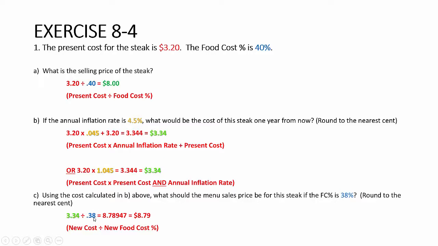We're going to divide that by the food cost percent, which they gave us in the question. So $3.34 divided by 38% gives us a rounded answer of $8.79. There's the new selling price for this particular steak after we've added the new inflation price with a new food cost percent.